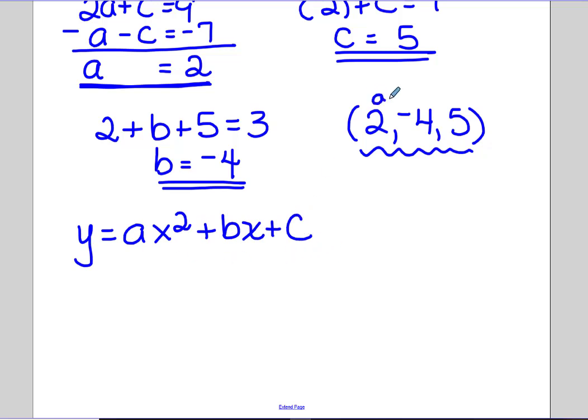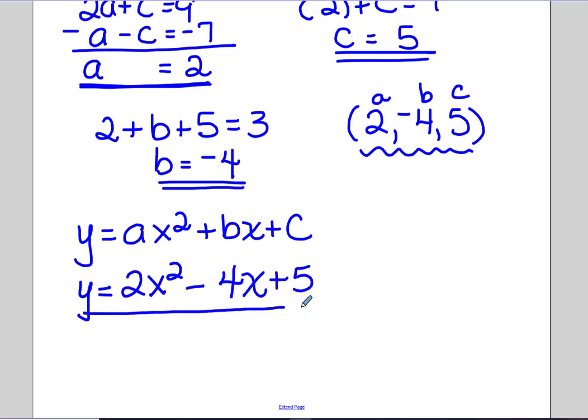And this is our A, and this is our B, and this is the C. So those 3 ordered pairs live on the parabola 2x squared minus 4x plus 5. And I'll let you look at those on your own with your calculator to verify that we didn't make any mistakes.